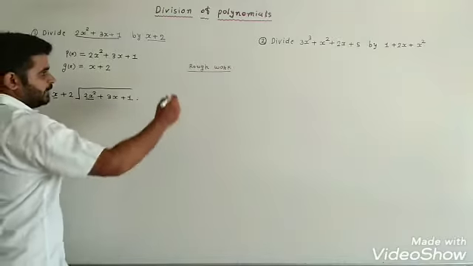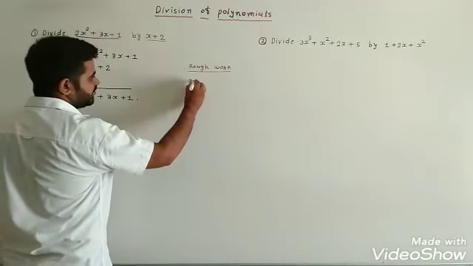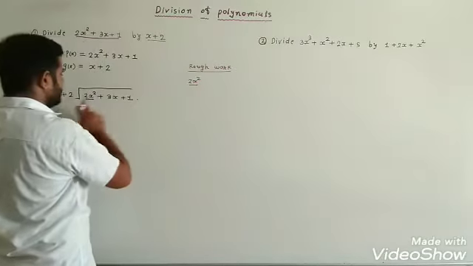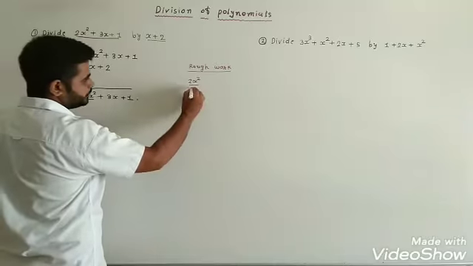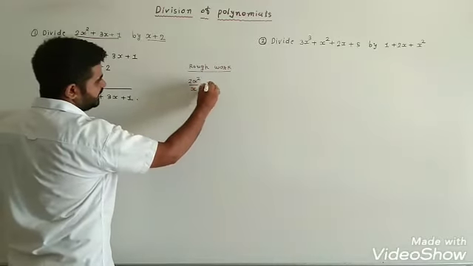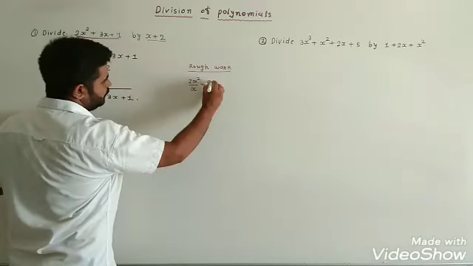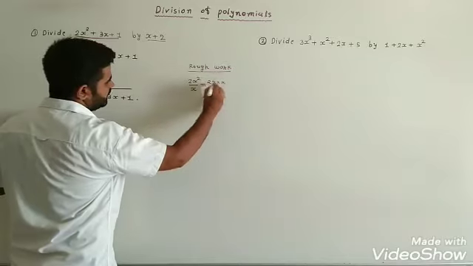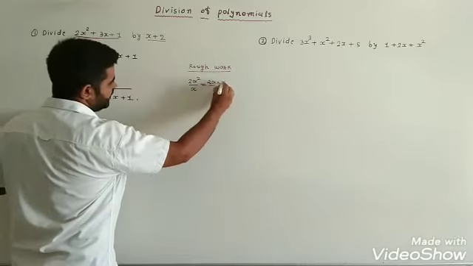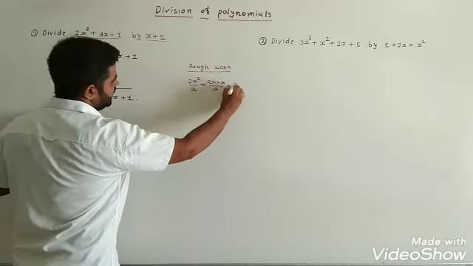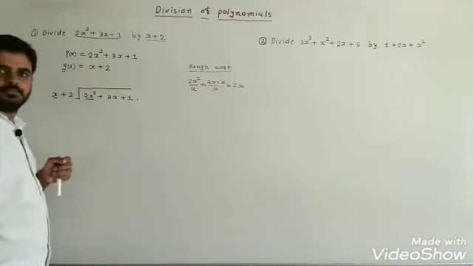Okay, so I have to write here 2x square and divide by this x. Okay, it means that 2x square means what? 2 into x and divide by x. So x cut. We have only 2x.